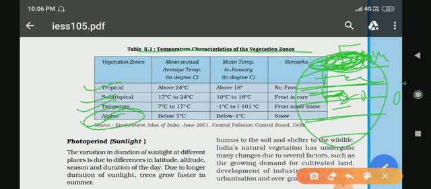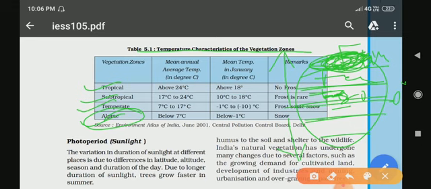In other words, as we move away from the equator, in both the northern and southern hemispheres, the temperature decreases.